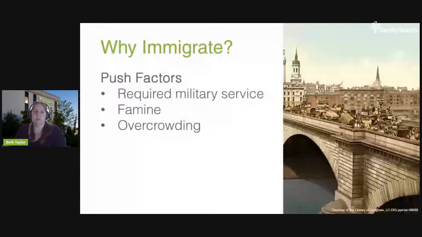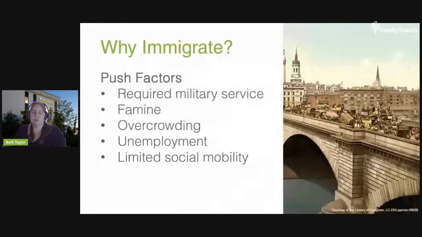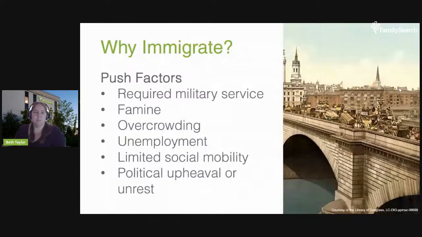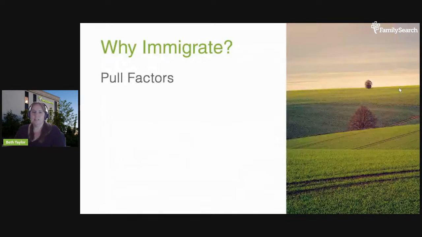The cities are a little bit too full, and that leads to people choosing to come to the United States. Tied into that is unemployment. You can't find a job. There's too many other people, limited social mobility, and a lot of political upheaval or unrest is happening. And all of these are reasons that people might choose to immigrate, to leave the country.